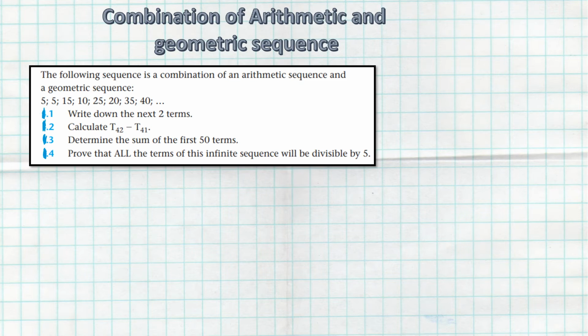This is a combination of arithmetic and geometric sequence in the same sequence, right? With the example that I've just displayed on your screen, this will help you understand how to solve questions related to the combination of arithmetic and geometric sequences.